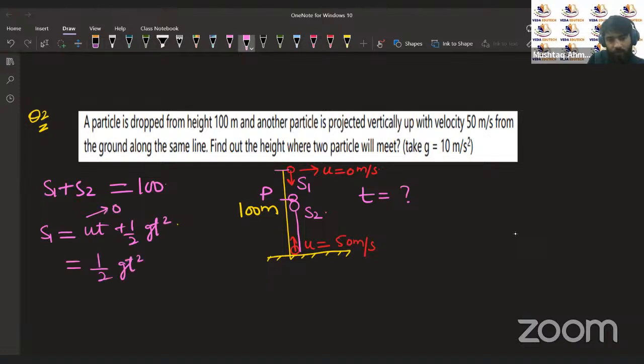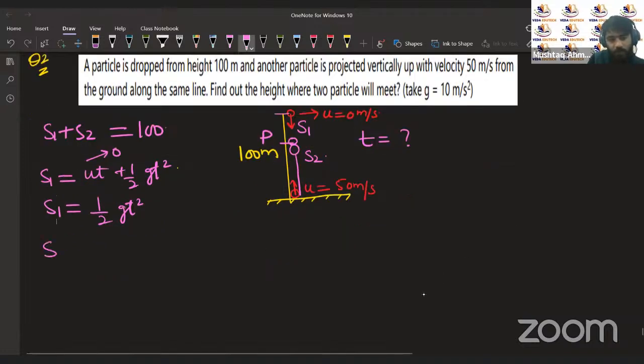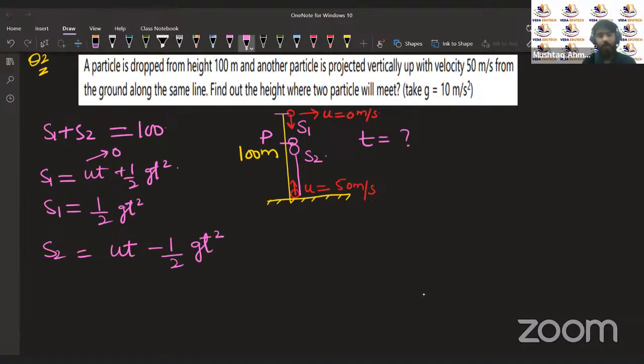Similarly, S2 will be equal to ut minus half gt square. So S1 plus S2 has to be equal to 100.